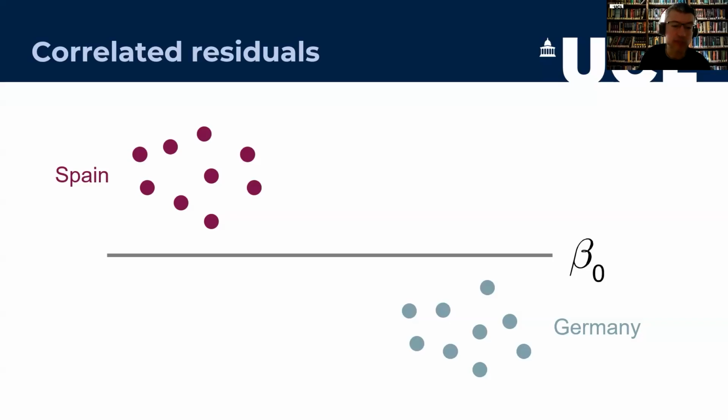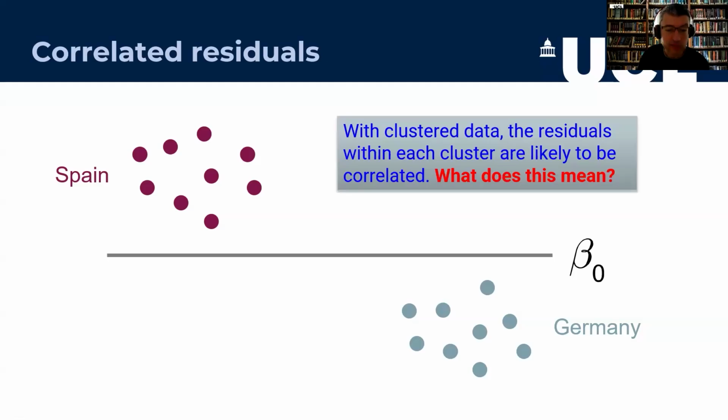We assume that some observations were from country Spain, and these other observations down here were observed in Germany. So in this case, the residuals within each of these clusters are likely to be correlated with each other.